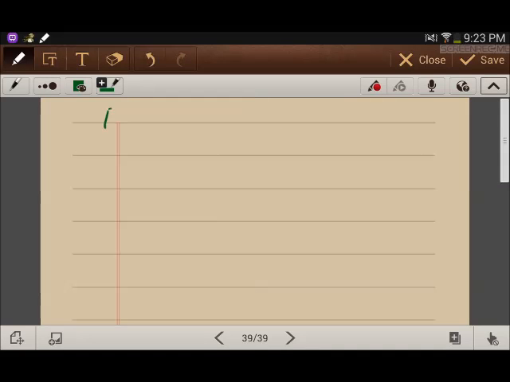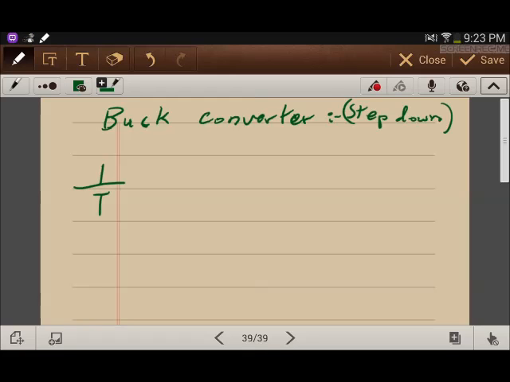So now I will start with the first type of DC to DC converter, which is the buck converter. The buck converter is a step down converter. It means that the DC voltage level of the supply will be reduced on the load side. So let's say this is the circuit diagram. We have the DC source, and I call it Vin.